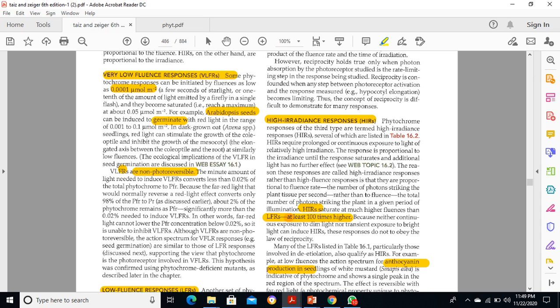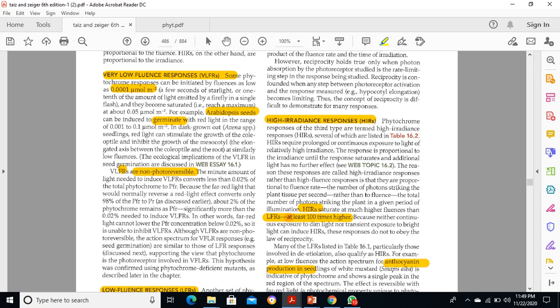Very low fluence response is a response initiated by fluence as low as 0.0001 micromole per meter squared. That means very low light. An example is Arabidopsis seed germination. Here it is non-photoreversible.